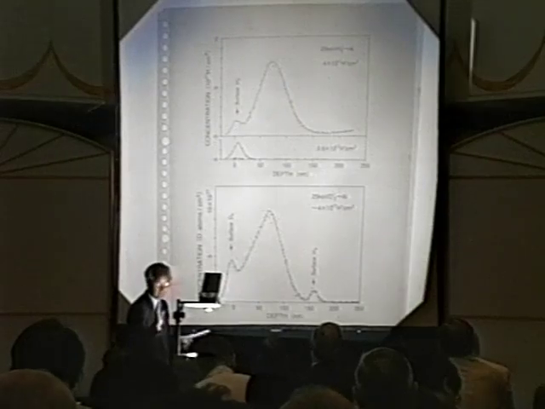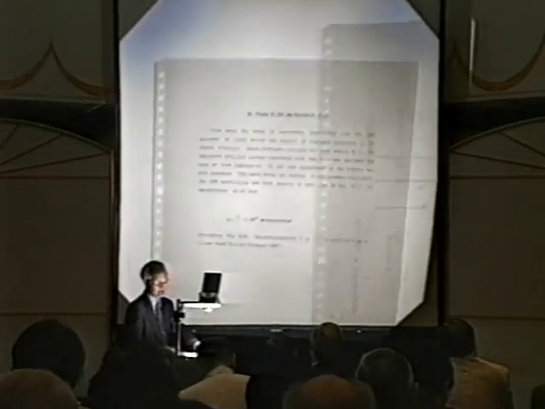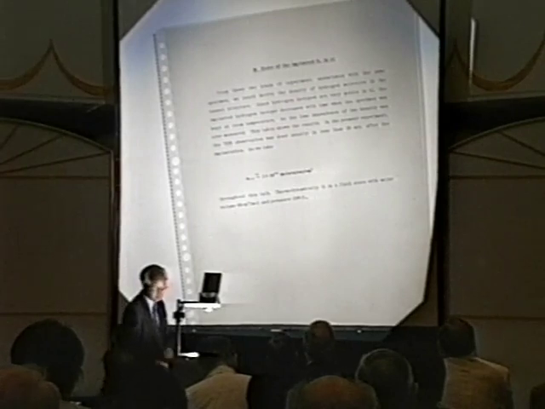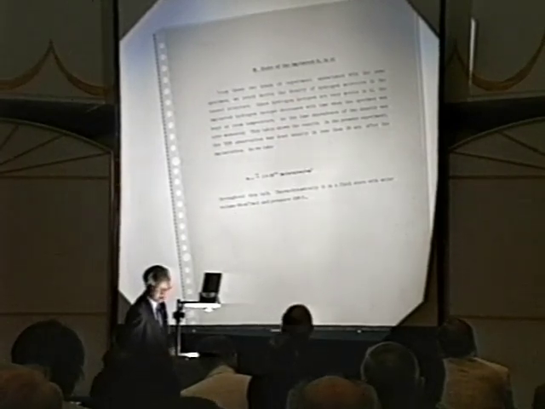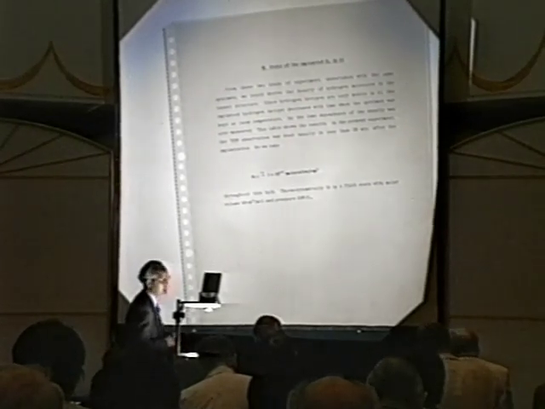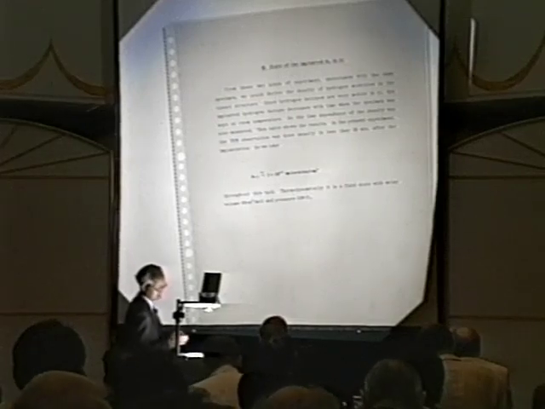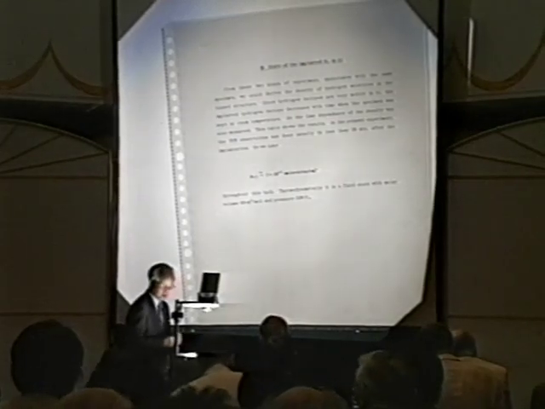From these two factors, we can obtain the density of deuterium contained in the tunnel structure. It becomes about 1 times 10 to the 22 molecules per square centimeter.